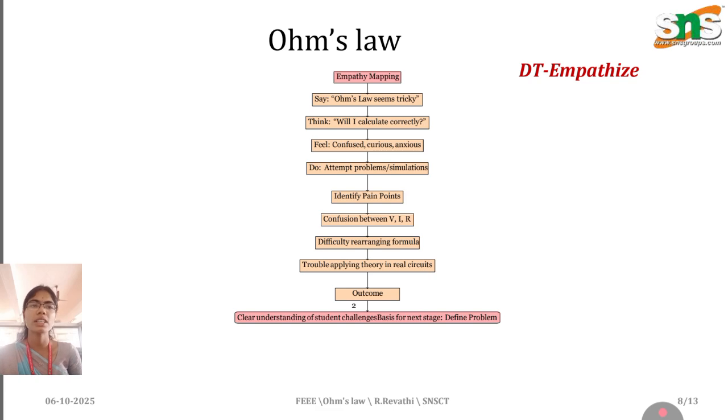These are the things we have to empathize with in Ohm's law, where we need clarity about what data is given in the question and what we need to find out. If we know that clearly, we can solve the problem using V by R or the V is equal to IR format.